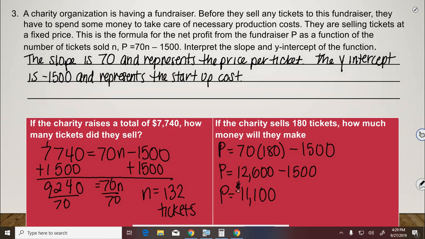So if 180 people attend, they'd raise $11,100. And that's after paying for that startup fee.